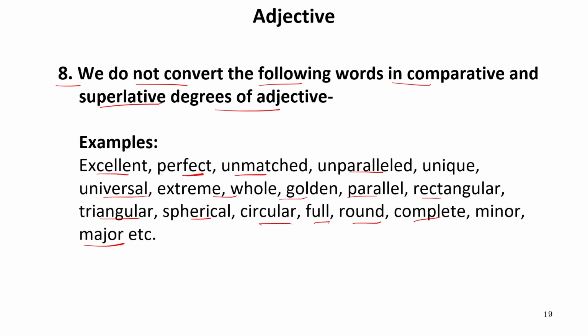Because these words have some meanings, and they are called so because of their shape, because of their properties, because of their names. For example, if something is unmatched, it means it is not matching with other things in any case.